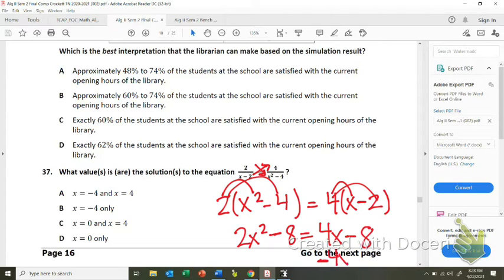So minus 4x plus 8. So we are left with 2x squared minus 4x. And then what happens to our 8s? 8s cancel, right? So we don't even need to put that. All right.